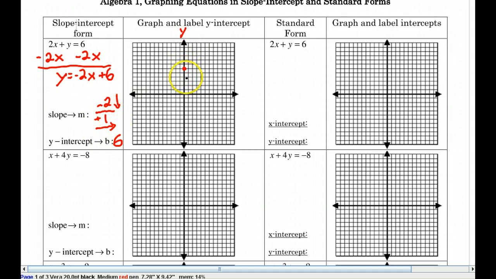Do that several times so we get a more accurate line with the graph. And then afterwards, use a straight edge of some sort and draw your line all the way through the graph, with arrows on either side.